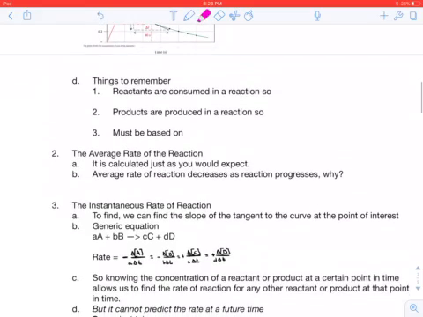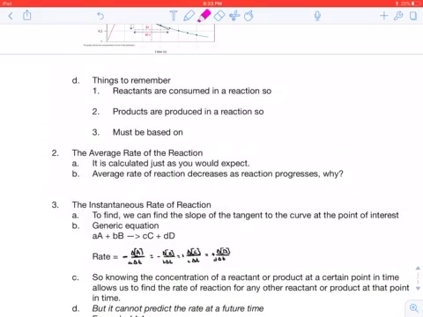Okay, so let's look at some things to remember here. First off, remember that reactants are consumed in a reaction. Since reactants are consumed, we're going to put a negative sign out in front, and we're going to say change in concentration of our reactants, I'm just going to put R there, over our change in time.